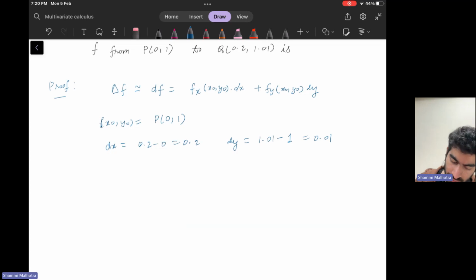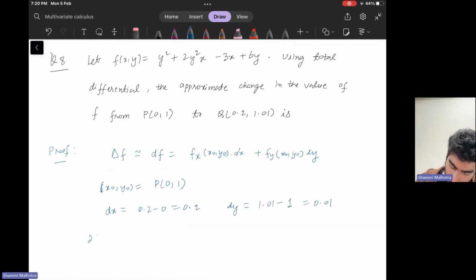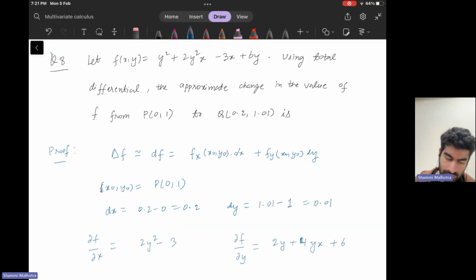So let us calculate the partial derivatives. Del f by del x: we again find the partial derivatives in just a normal sense. It is a good function, so we can directly differentiate with respect to x, keeping the other variable y constant. So this will be 2y square minus 3, and del f by del y would be 2y plus 4yx plus 6.